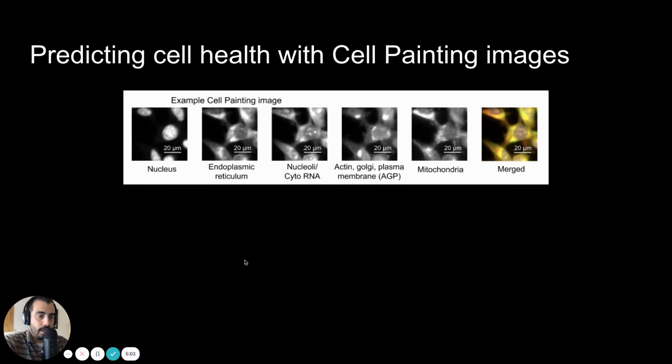And so really, the cell health assays consist of a series of semi-automatic gating strategies and relatively expensive reagents, and it's not necessarily going to scale all that well. Really what we want to see is if this information is embedded within cell painting images. So cell painting is an unbiased assay that isn't targeted to any specific biology.